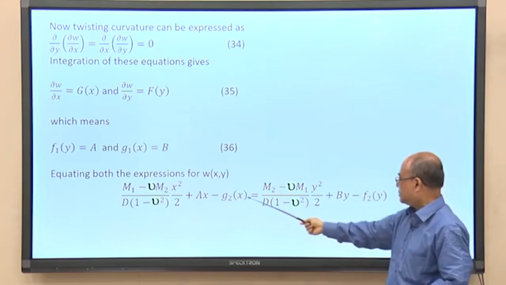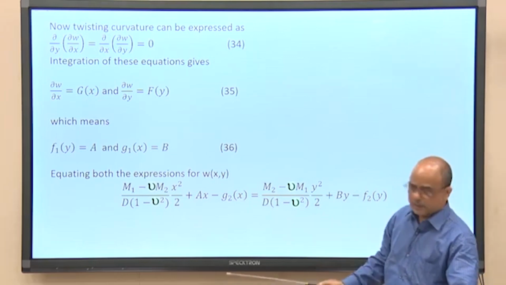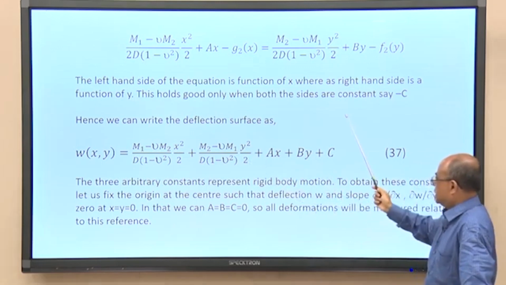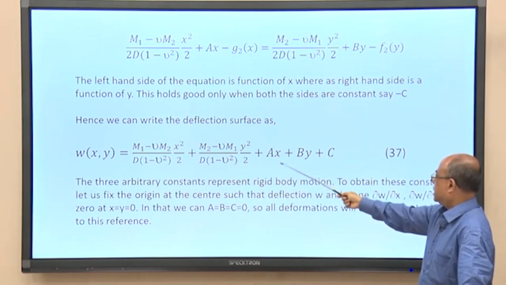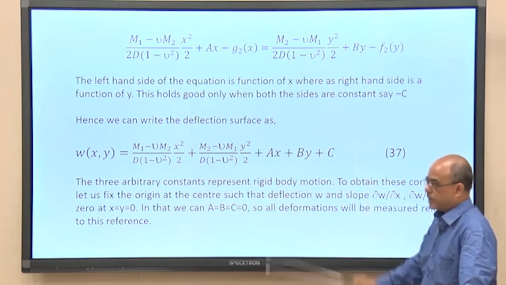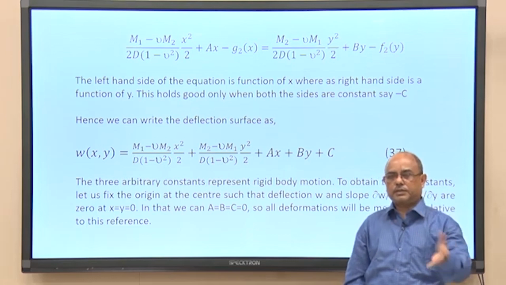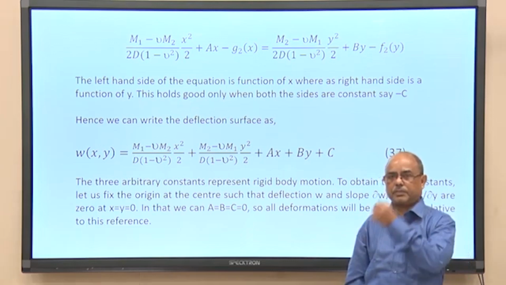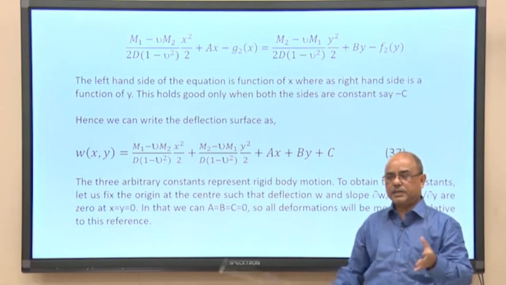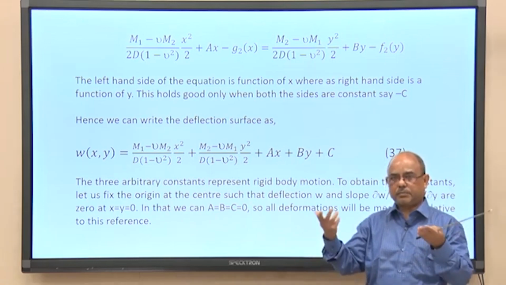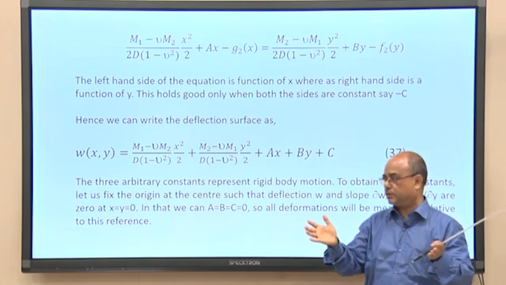So, if I add a constant to the first equation we get this. Now, these three arbitrary constants a, b, c have to be evaluated based on the prescribed conditions at the boundary, or because here boundary conditions are not specified, it is just a plate on which the moments are applied. That is, in the boundary condition we know the moments, okay.